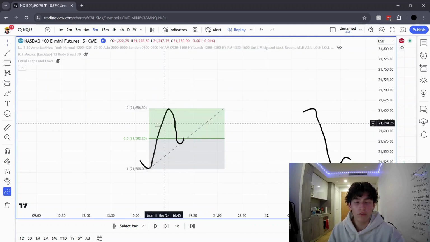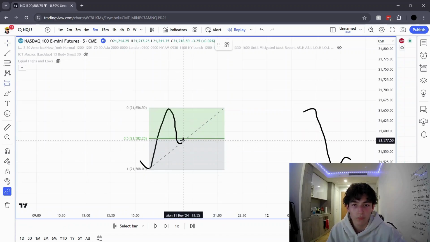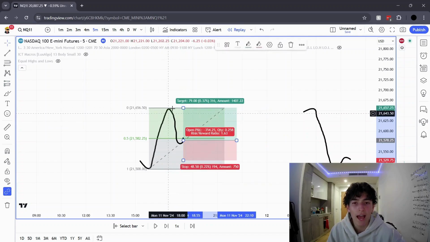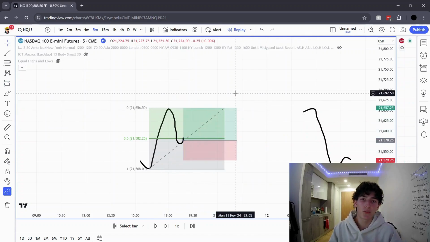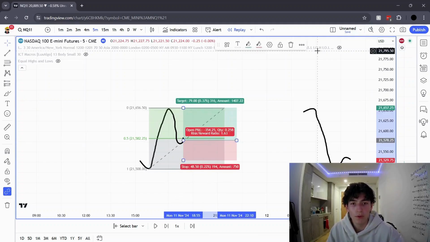But if you're looking for longs in this example, you'd first want the market to come down, retrace into this 0.5, in the middle of the range, and that's where you would be looking for longs because the risk reward is so much better, right? The high is so much further away, and that's where you want to be targeting, the highs. So this just plays out much better.